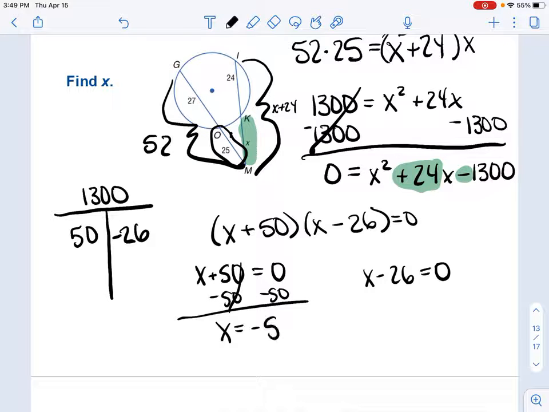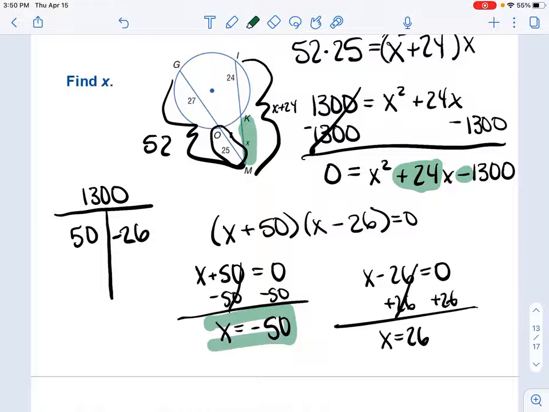We end up getting x equals negative 50 and x equals 26. Now in algebra, both of these answers would be totally correct. You would have done a great job. You are good to go.